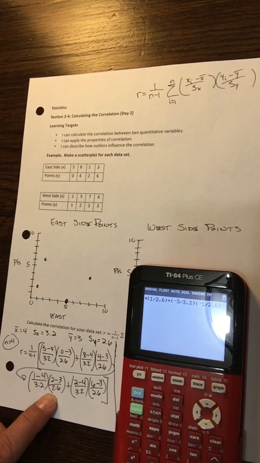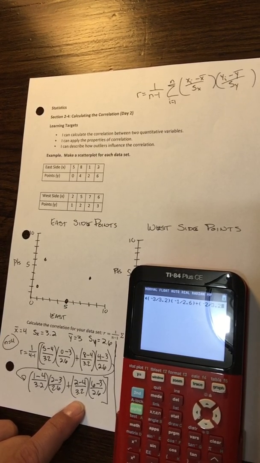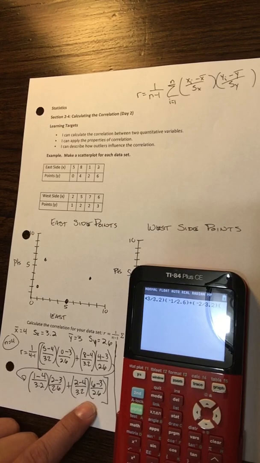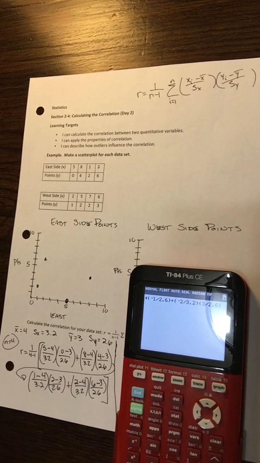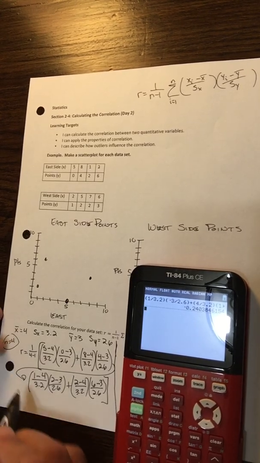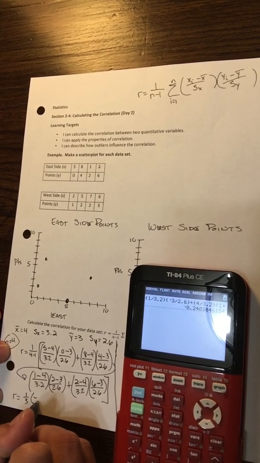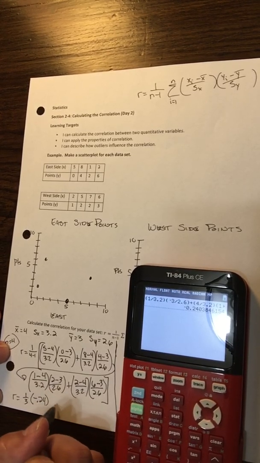Close those parentheses. Then I'm going to hit plus one more time. And I have parentheses negative 2 divided by 3.2, and it'll be times 3 divided by 2.6. Okay, I put all of that in, and I get a grand total of negative 0.24. So this is r equals 1/3 times negative 0.24.